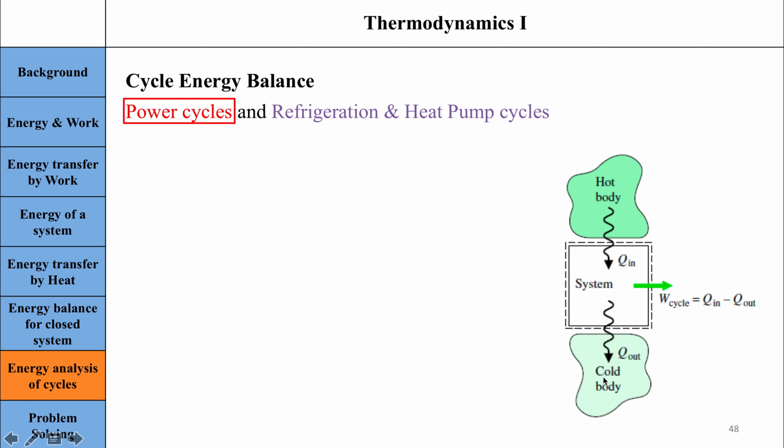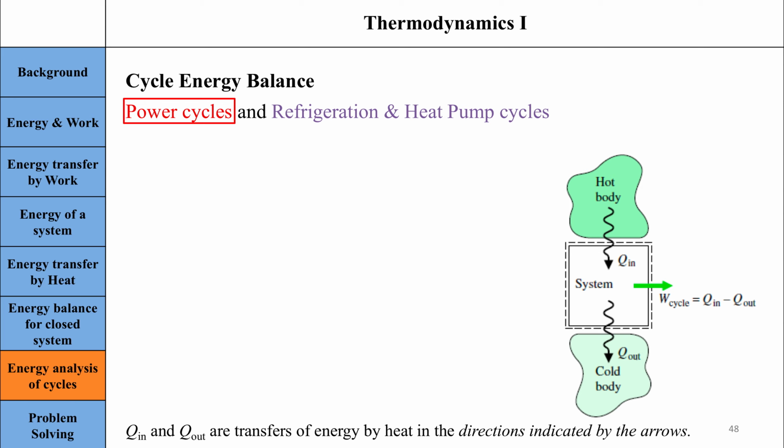During each cycle, there is also a net amount of energy being exchanged with the surroundings by doing work. So we have a particular amount of heat coming into the system. That heat is being utilized to do some work, and some of that heat is being exhausted out to the cold body.